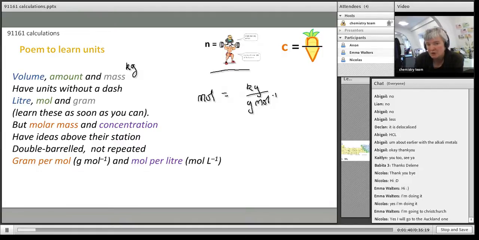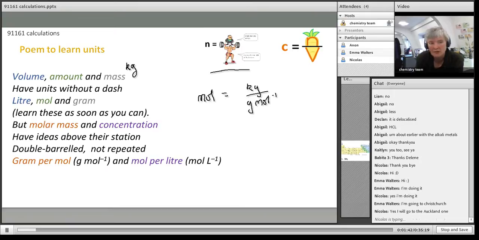Are they the same units, kilogram and gram? So if I change this, can I cancel this kilogram with the gram and get an answer of mole? No, I can't, because a kilogram is 1,000 times bigger than a gram. So they won't cancel out. So I can't do this.